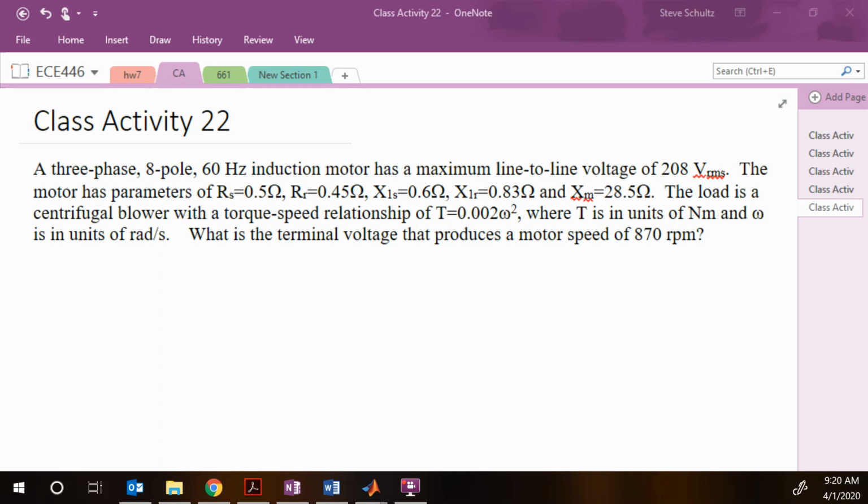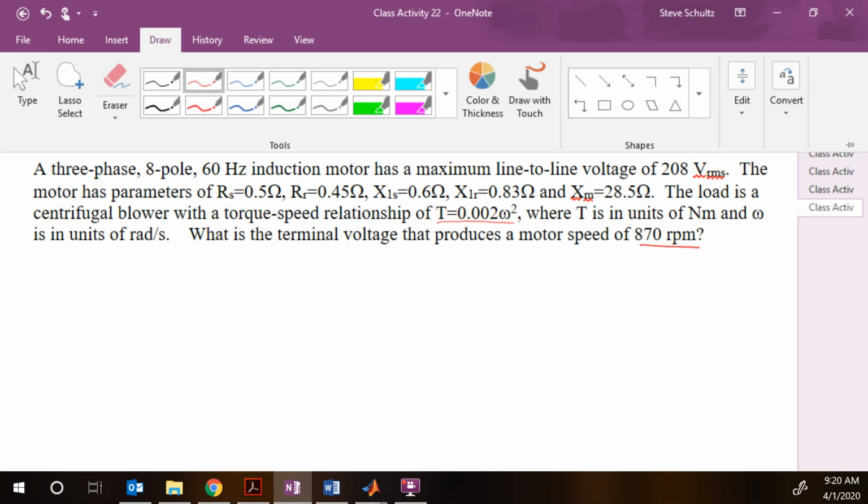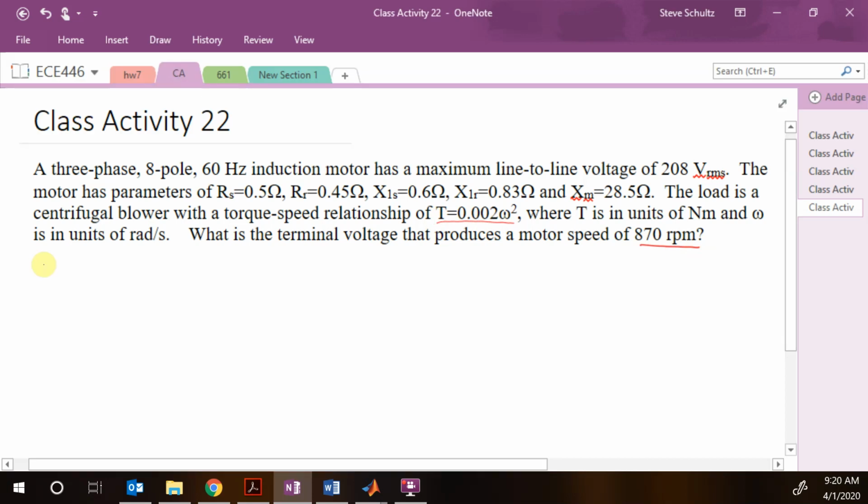In this problem, we're trying to get a motor that goes at a fixed speed with a torque relationship here. So if we see here, let's first of all figure out what our torque needs to be. So the torque is going to be equal to 0.002 times 870 times 2 pi over 60 to convert it into radians, squared.